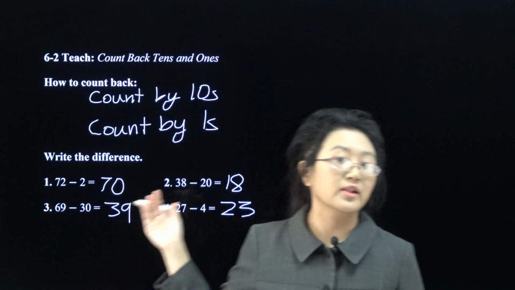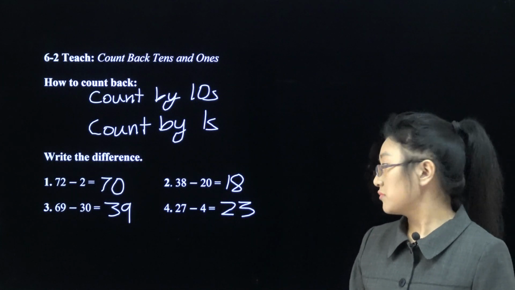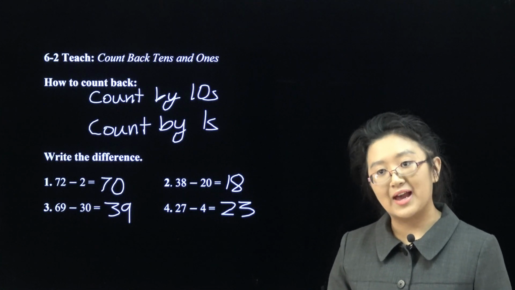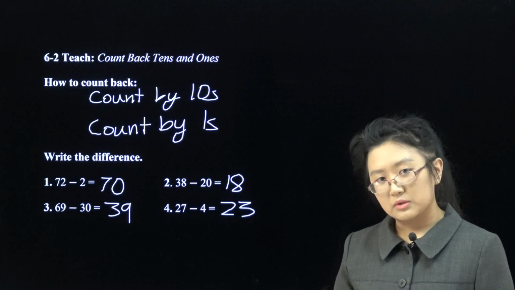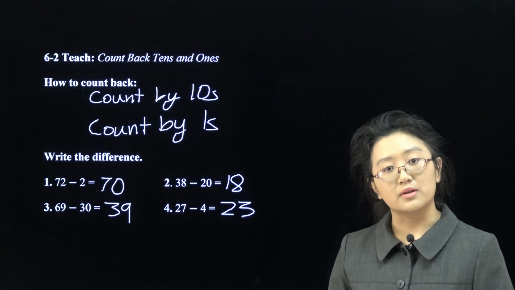Okay, we won't really be using this very much because you need a number line, or you need to actually get your fingers out and count. It just takes longer.